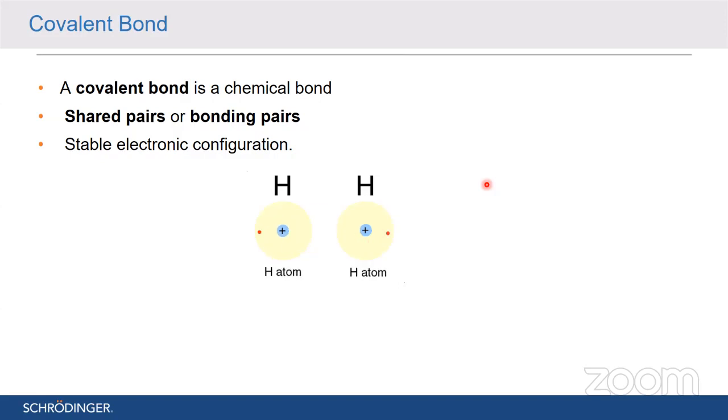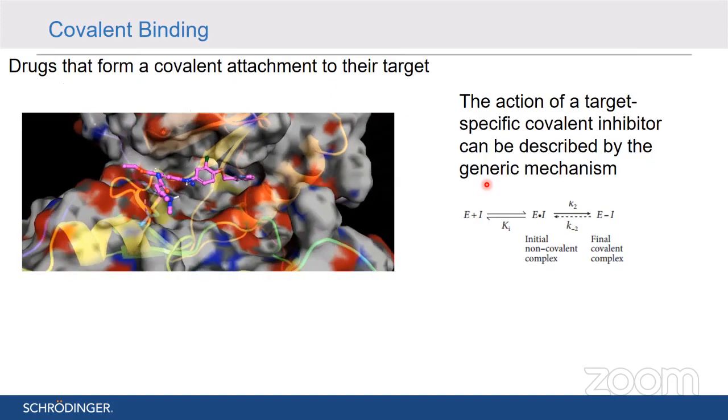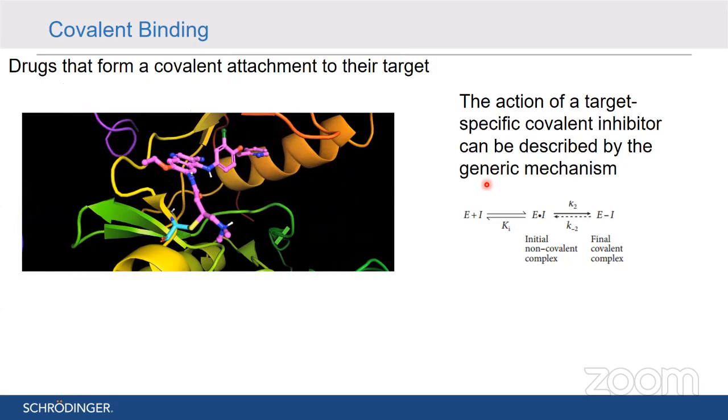Now, for many molecules, the sharing of electrons allows each atom to attain the equivalent of a full outer shell, so that ends up in a stable electronic configuration. This should happen inside, and this should be a nature of an enzyme. Then only a covalent bond will form. So this is a small example where it has formed a covalent bond.